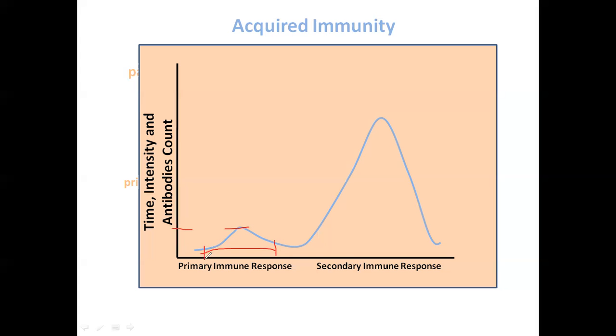Because during this primary immune response, for the first time, the antibody that comes in contact with the antigen is the immunoglobulin M. इसे याद रखना है. After first exposure to the antigen, our immune system produces M.